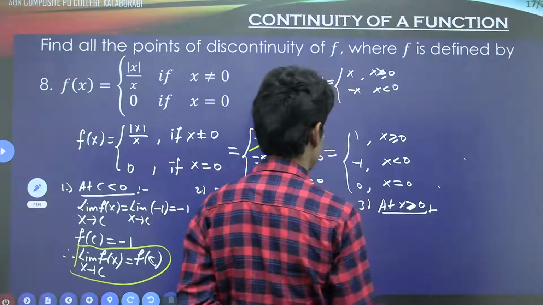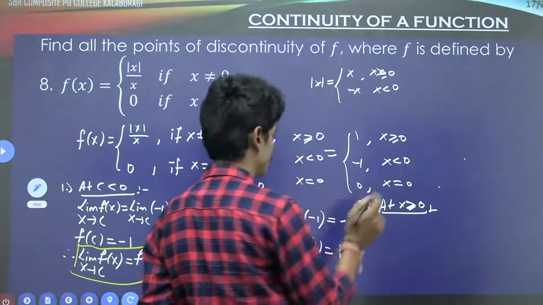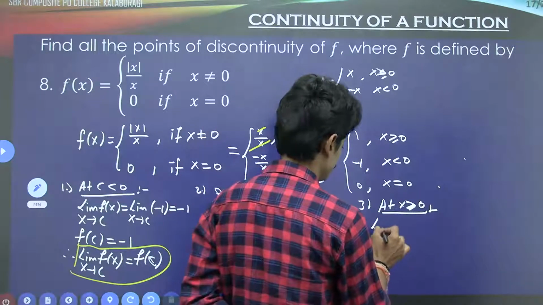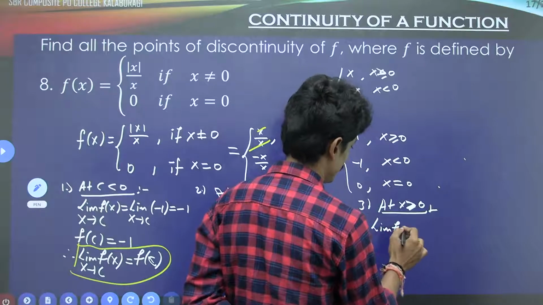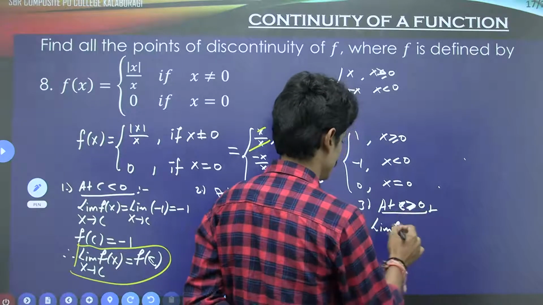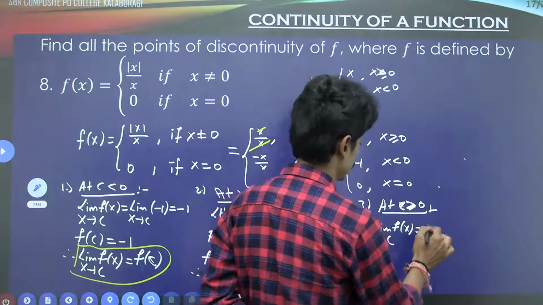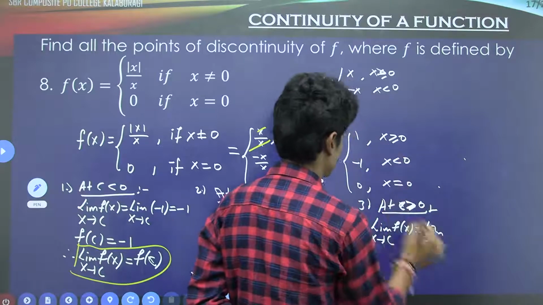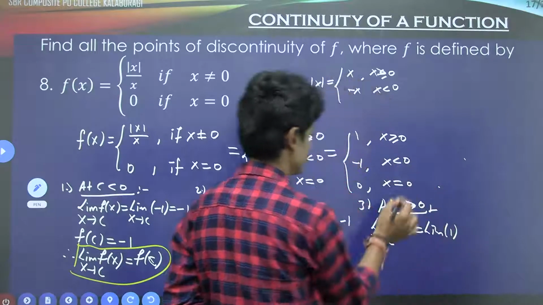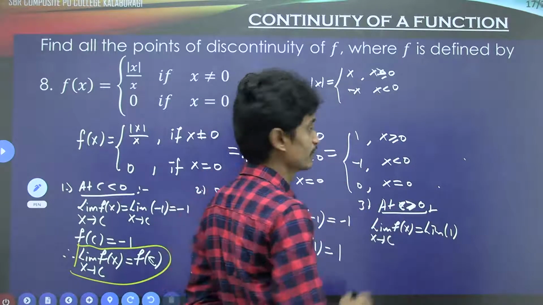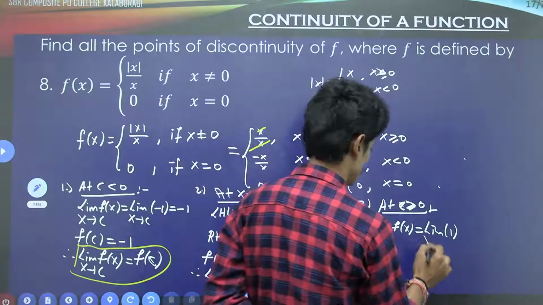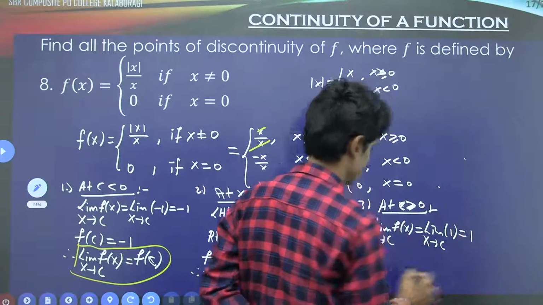Already we know that it is continuous, but here we have to prove it by the limit method. Limit of f of x as x tending to c. F of x means 1, because c lies between 0 and infinity. That type of relation we have, so as x tends to c, the limit is 1.